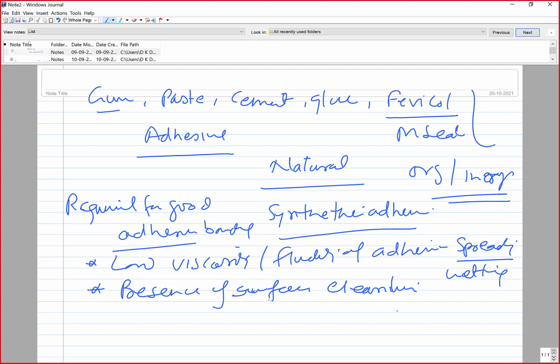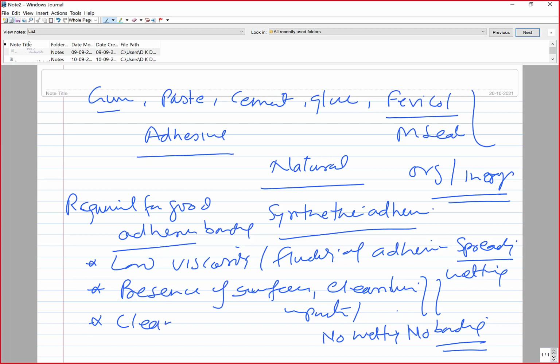If the surface has a lot of impurities like oil, paint, etc., then there may not be any wetting. So no wetting, no bonding, and a very poor or very weak adhesive bond strength will be obtained in that case. So indirectly, cleaning is very crucial.